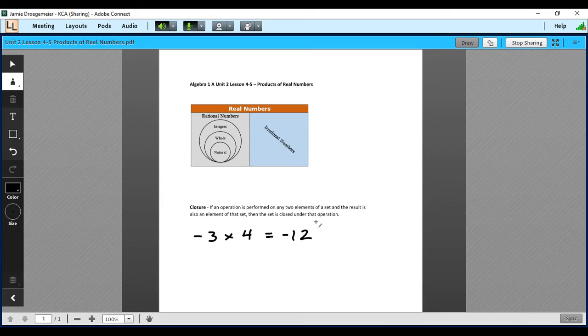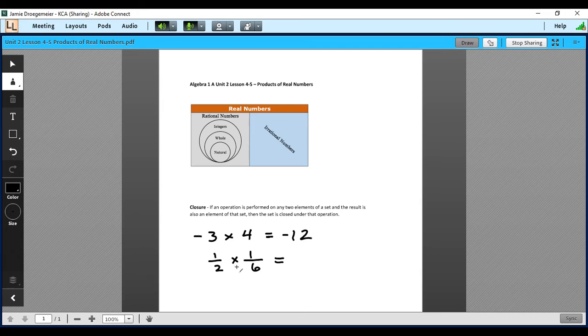So our next question then is, how about rational numbers? Would they be a closed set? So we said rational numbers are going to be any number that I can write as a fraction. So just as an example here, if I take 1/2 and I multiply it by, let's say, 1/6, those are both rational numbers.